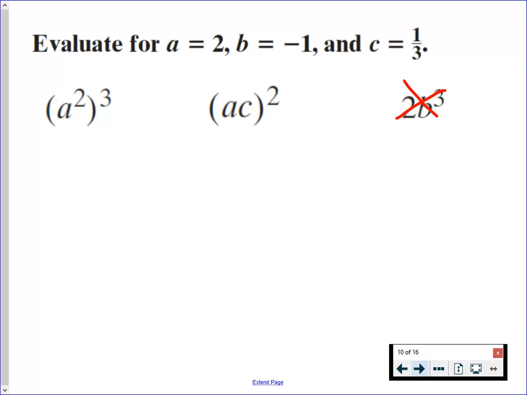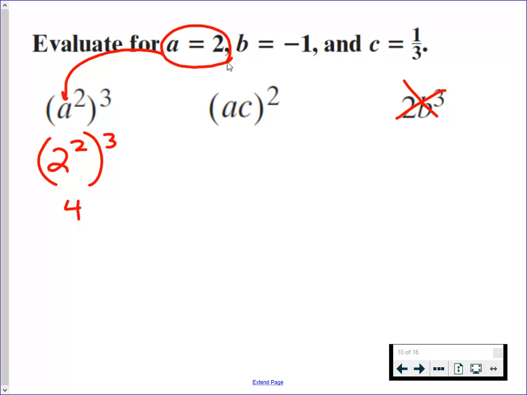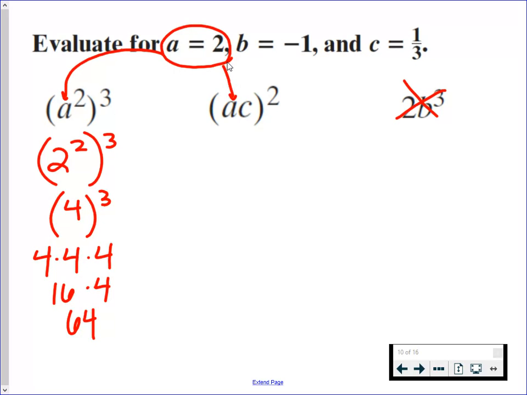Last two, go ahead and pause and work. 2 to the second is 4. Stretch it out. I have a 2, and I have a third.